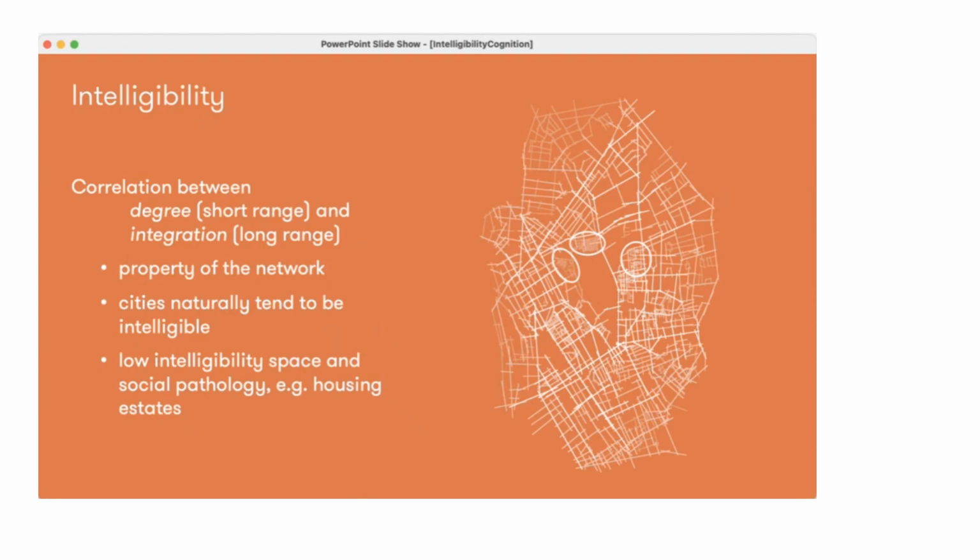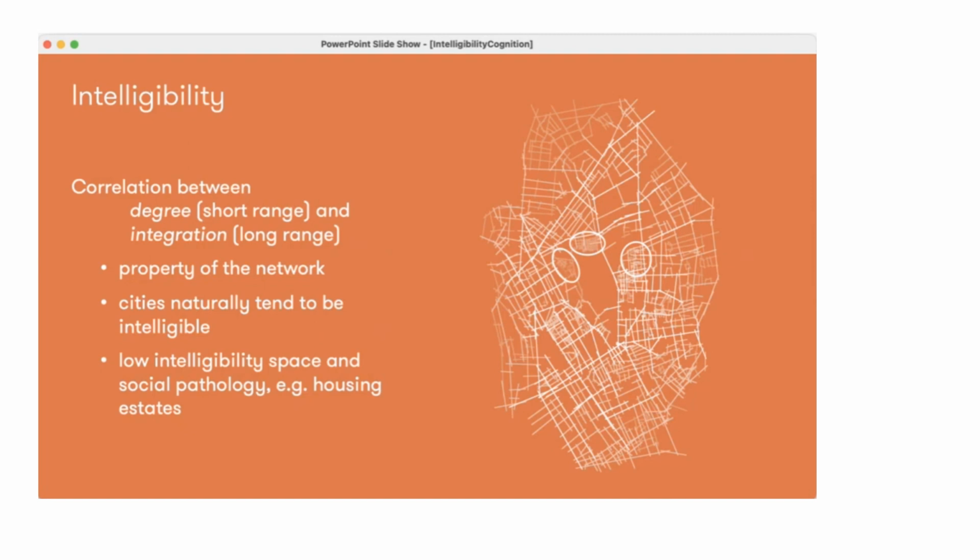Now, this has been examined for all sorts of spaces, and it turns out that it's just a property of the network, right? It has nothing to do with our own cognitive faculties. It's just about the correlation between these measures of streets, local and global.